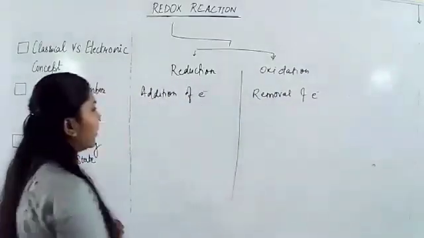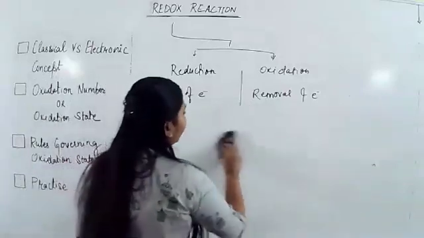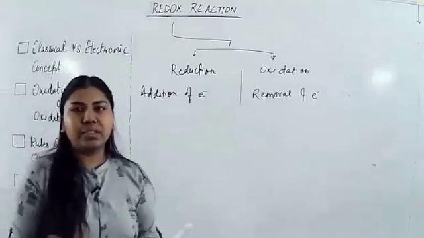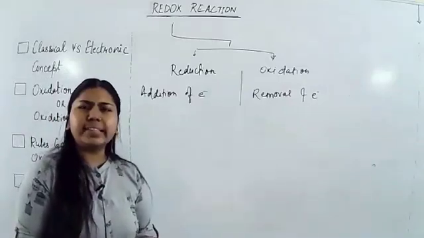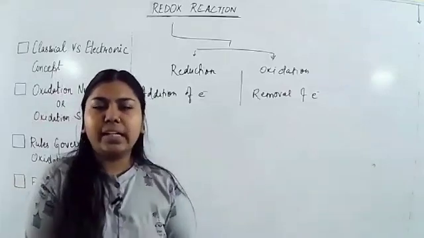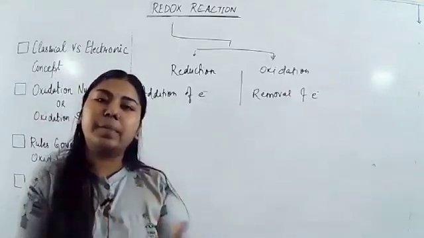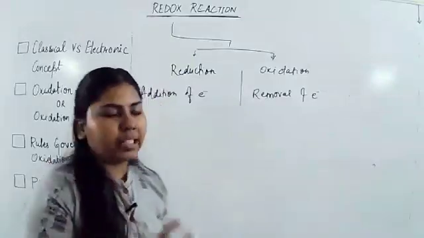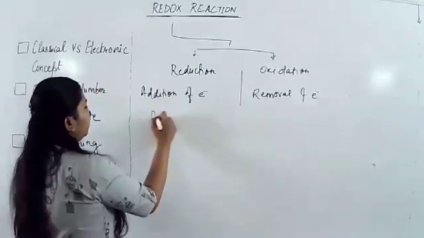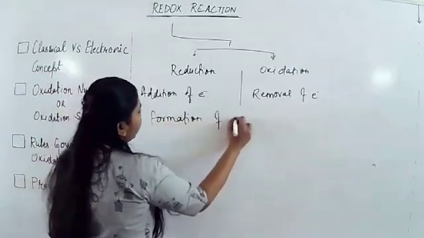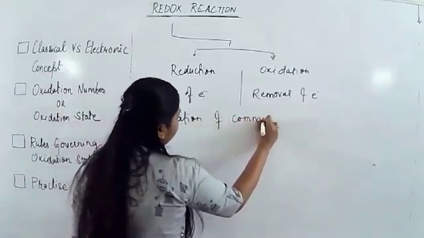Let us see with an example. I will write one redox reaction and we have to identify where the reduction is happening and where the oxidation is happening. Let us take an easy example, the formation of your common salt, sodium chloride. You are well versed that it is an ionic compound, so total exchange of electrons is happening.